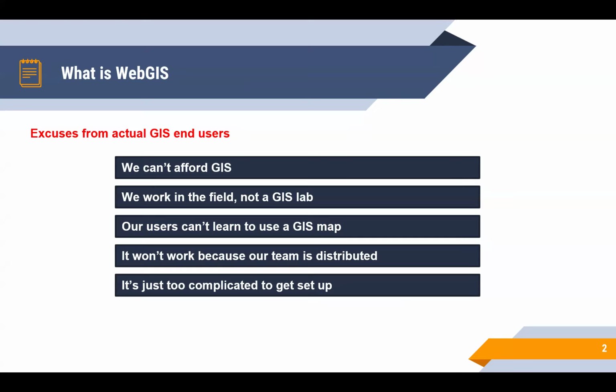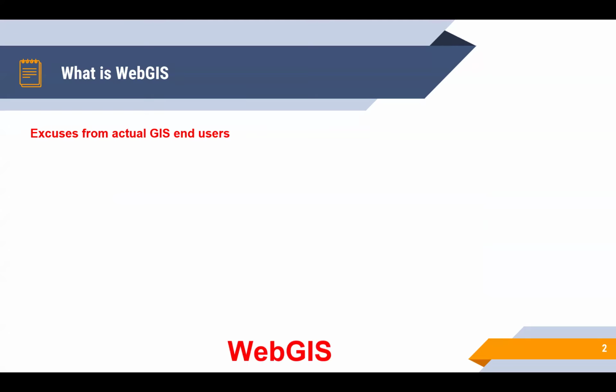So for WebGIS, people are afraid that setting up WebGIS will again be a very tough task. But for all these problems, we as GIS developers will have the solution.